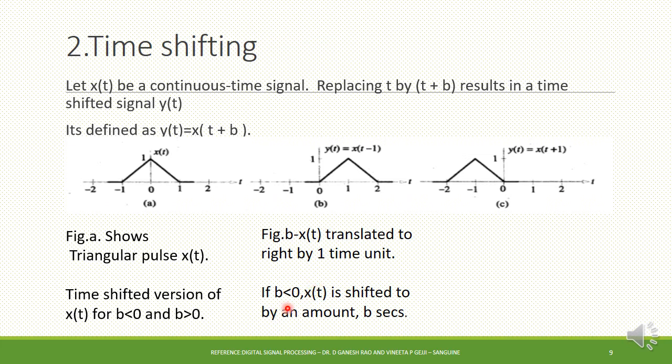If b is less than 0, what happens? If b is less than 0, x of t is shifted by an amount b seconds. Here b is less than 0, that means b is equal to minus 1. When b is minus 1, x of t is shifted by an amount b seconds.